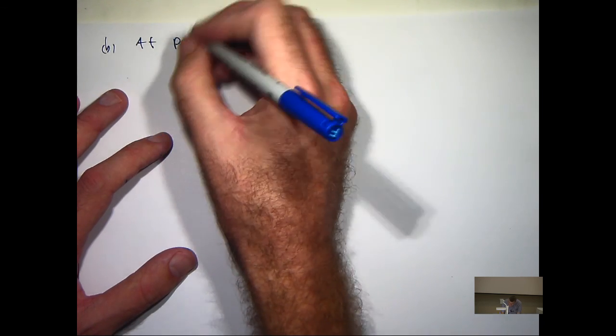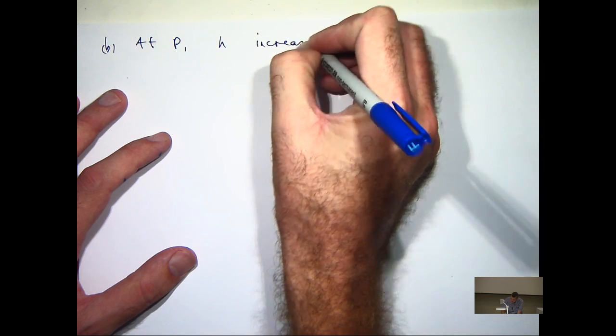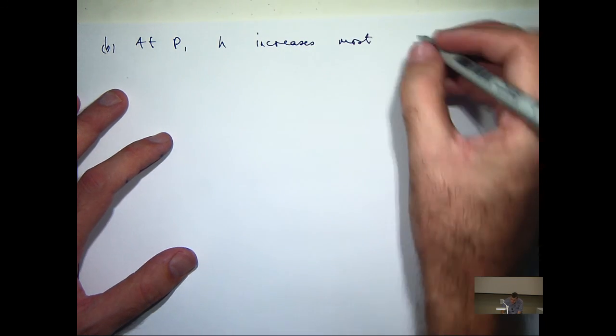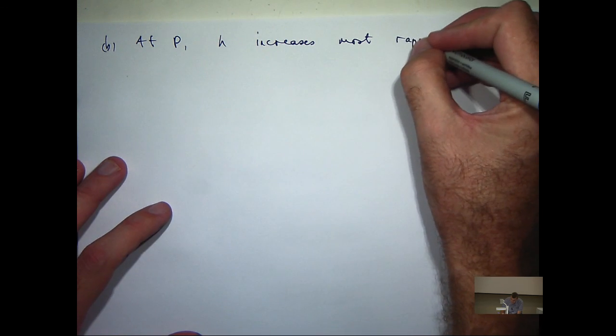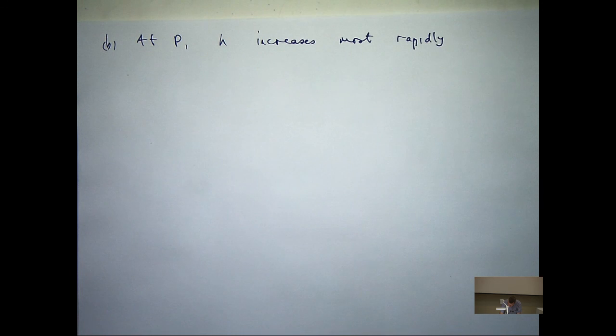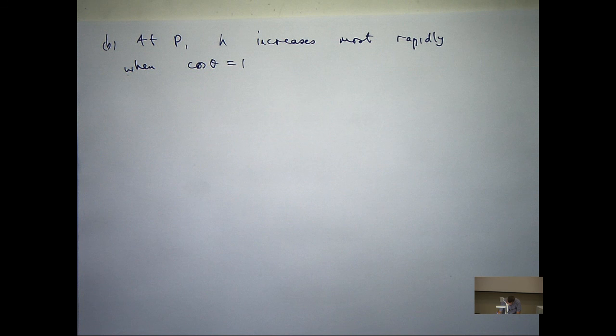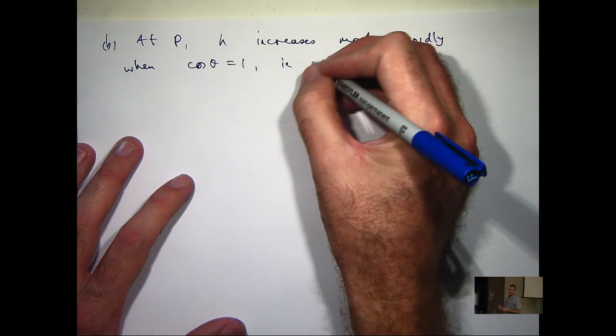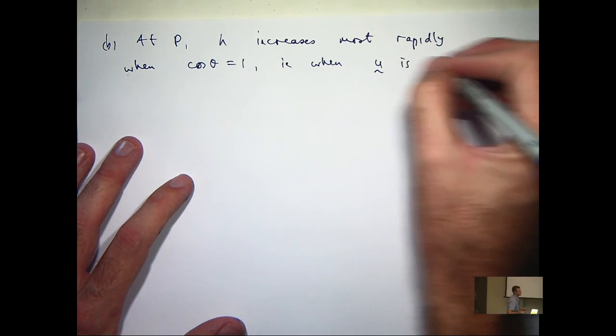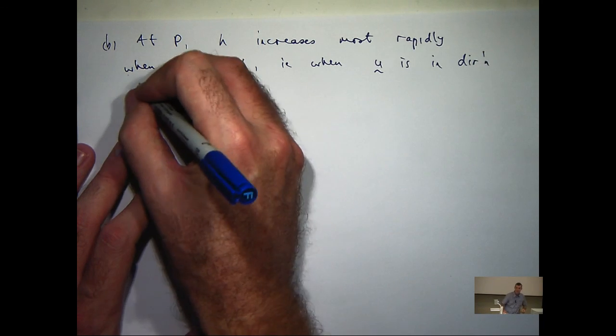So part B, at P, H increases most rapidly when the angle between the two vectors, grad H and the unit vector of direction, is 0.